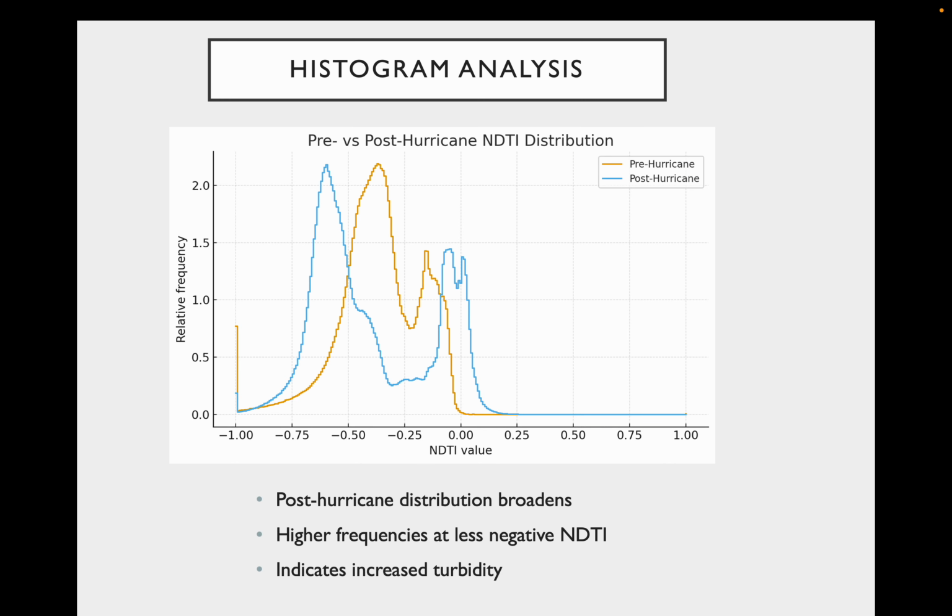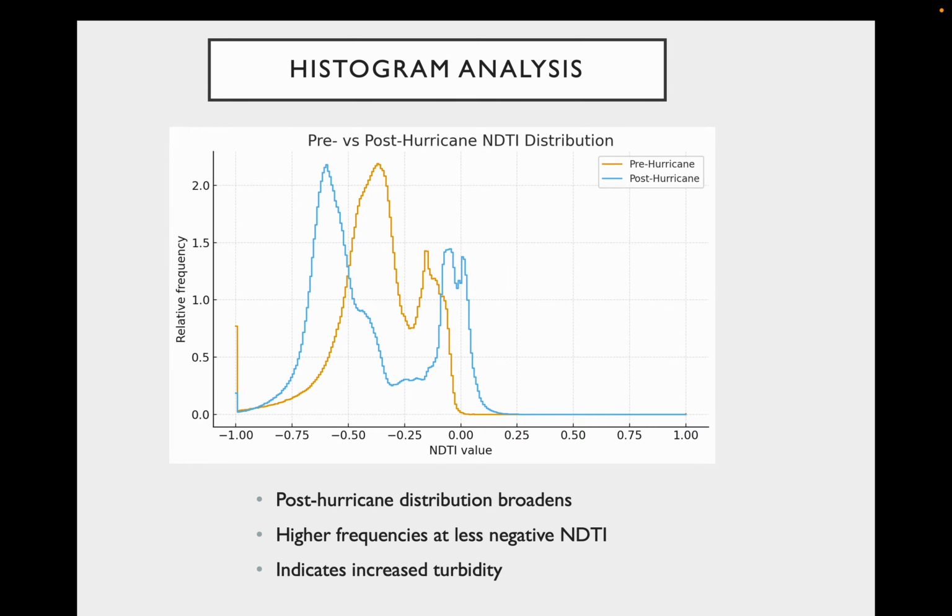So to quantify the visual patterns, I generated histograms. The pre-storm distribution is narrow and centered on more negative NDTI values, indicating the water is clear.